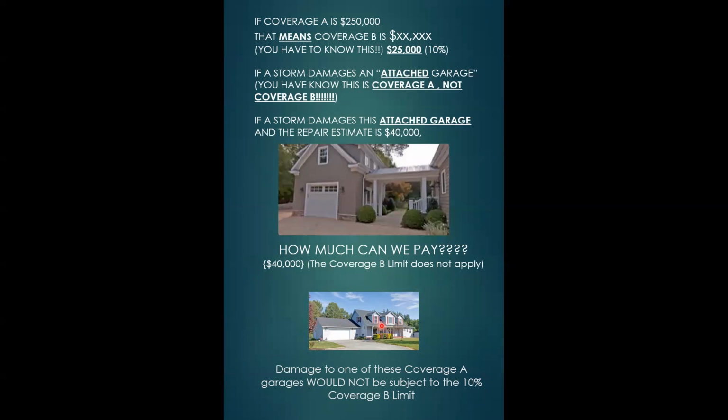So now when a storm comes along and does $40,000 worth of damage to this garage or this garage, it's all good because the coverage A limit and the coverage A rules apply. And we've got $250,000 to work with, and that's more than enough to cover a $40,000 claim to one of these garages.